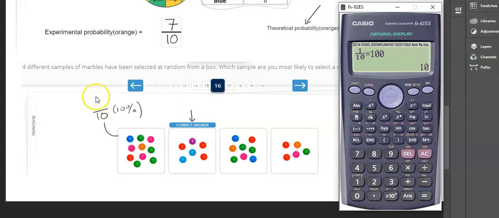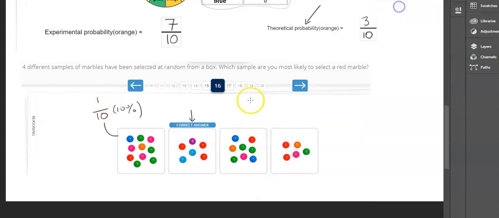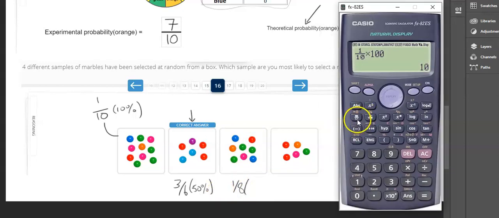So it's 10%. In this case here, we have 3 out of 6, which is 50%, which is a high percentage. Here we have 1 out of 1, 2, 3, 4, 5, 6, 7, 8. So this as a percentage, 1 over 8 times 100.